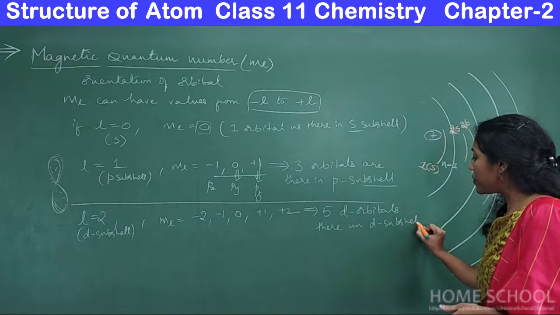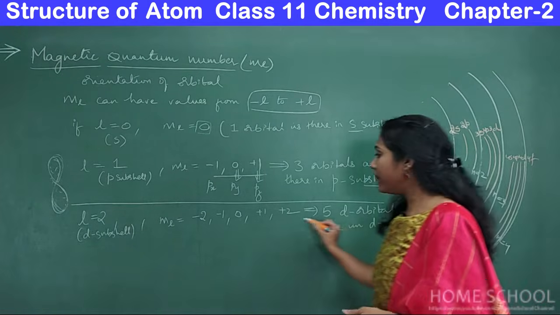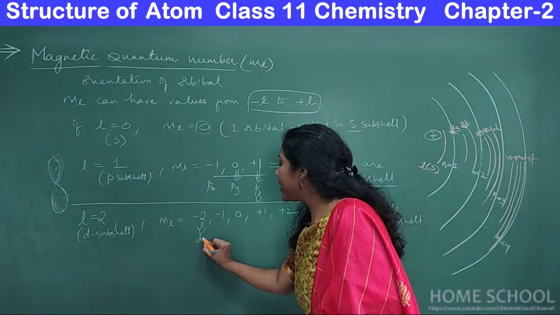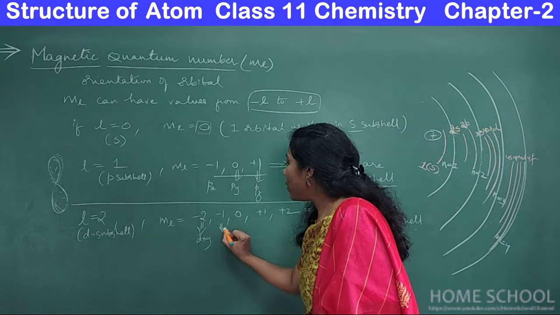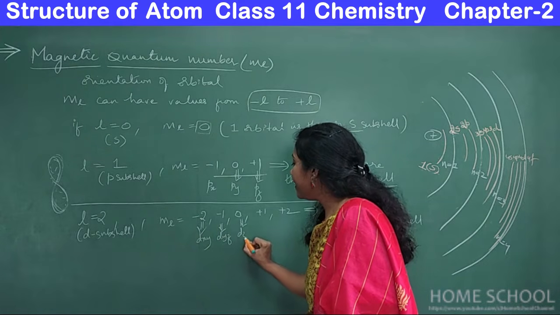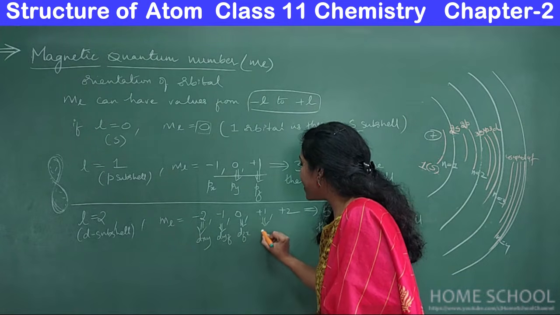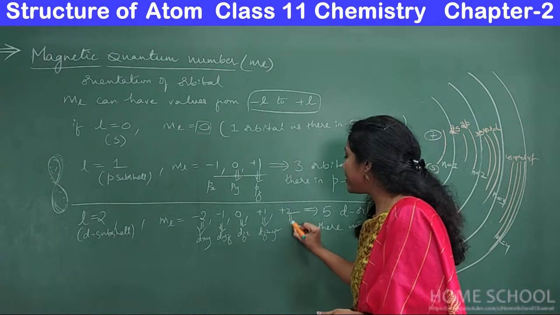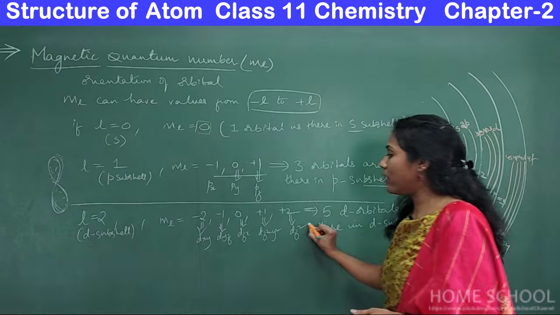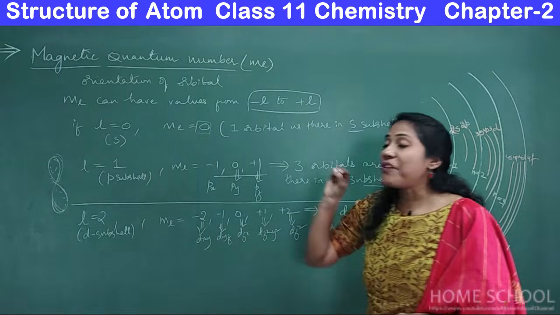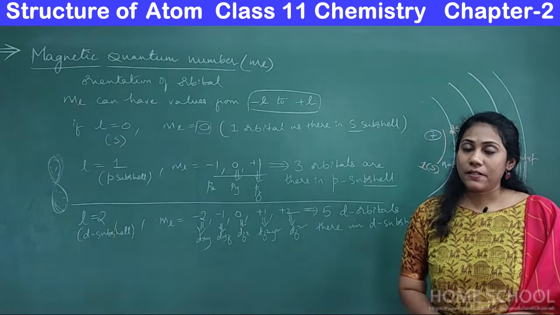So in the d subshell, how many orbitals are present? Always 5. This particular one can be called dxy, this is called dyz, this can be called dzx, this is dx square minus y square, and this represents dz square. These are the names of the 5 d orbitals.